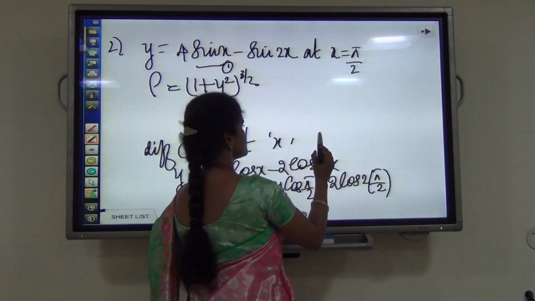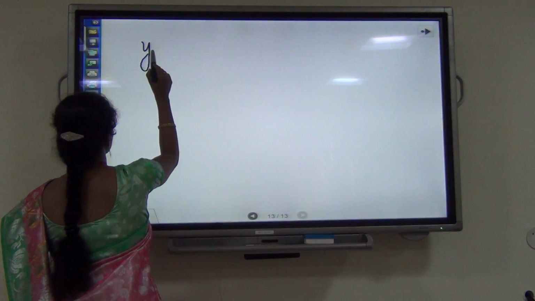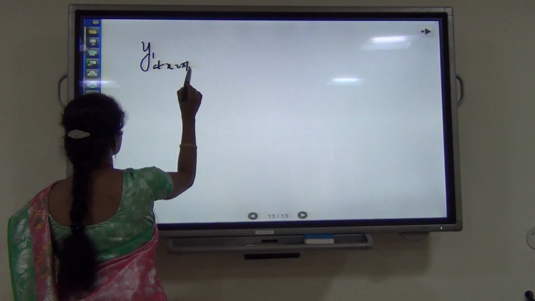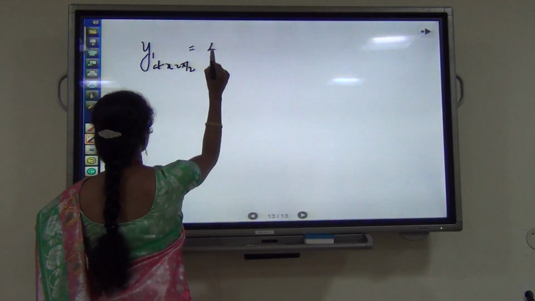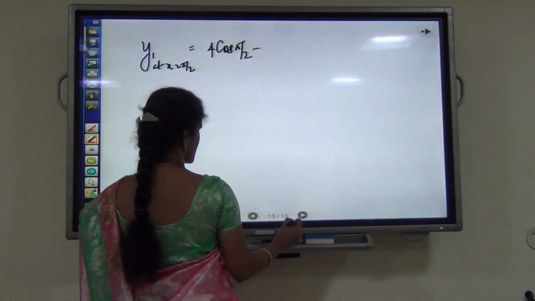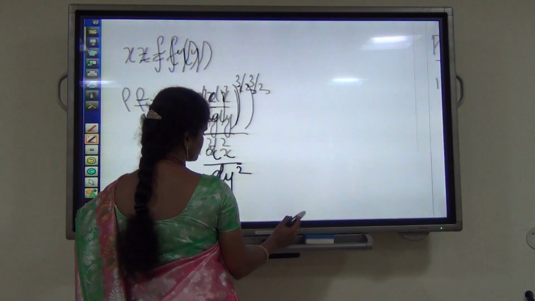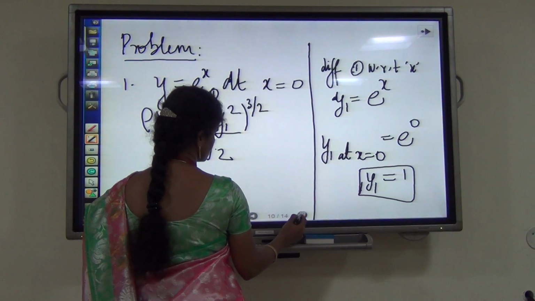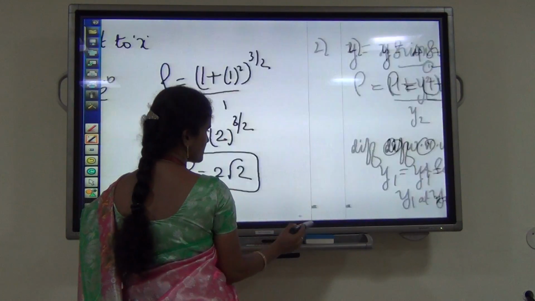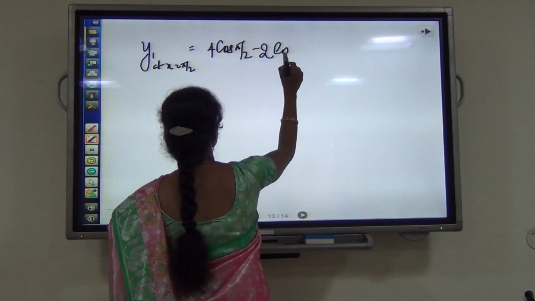Now, what is the value you will get? y1 at x is equal to pi by 2 is 4 cos pi by 2 minus 2 cos pi.